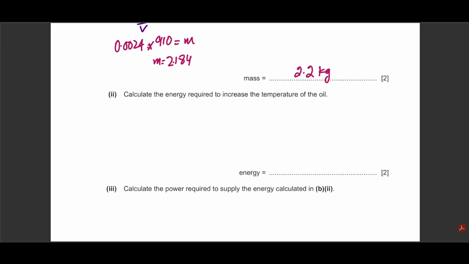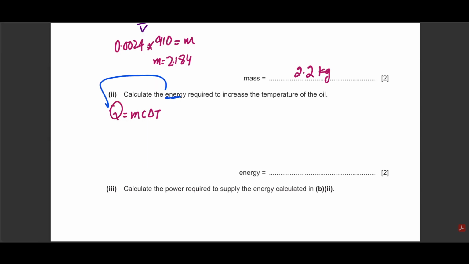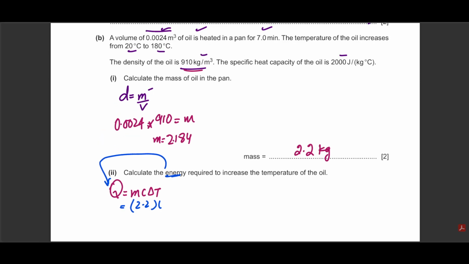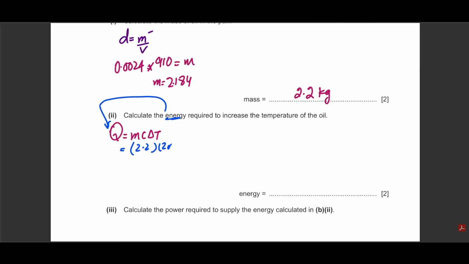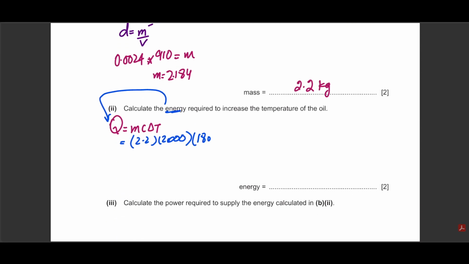So calculate the energy required to increase the temperature. So the equation we use to do that is Q equals MC delta T, which is a very straightforward equation. Since energy is required, Q is a representation of energy. So mass will be 2.2. C is the specific heat capacity given to me in the question as 2000 joules per kg degree centigrade. 2000 into delta T. Change in temperature is from 20 to 180, so it will be 180 minus 20.